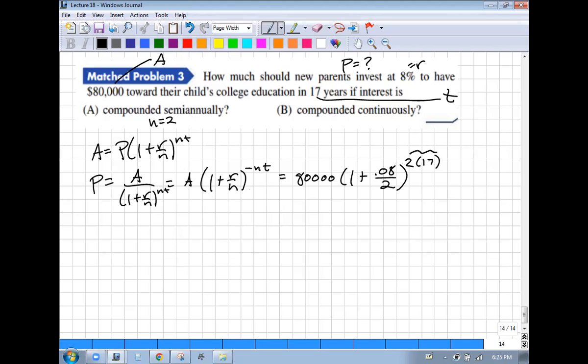I know this number here is 34, right? Oh, and I need a minus. The problem with this is I can do the 0.08, and then I can divide by 2, and then I can add 1. But then I hit the X to the Y button because I want to raise it to the negative 34th power. But when I hit the X to the Y, it's like, okay, to the power of, and I'm like negative 34.